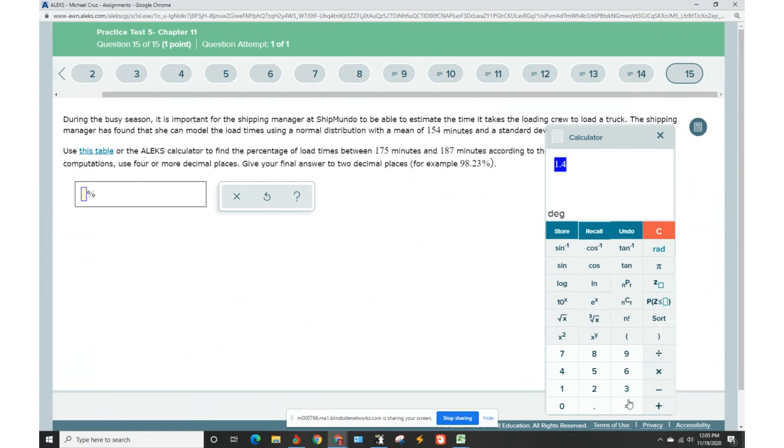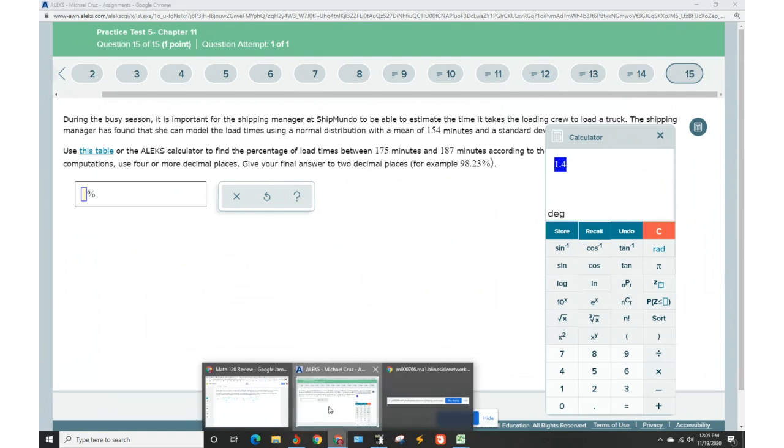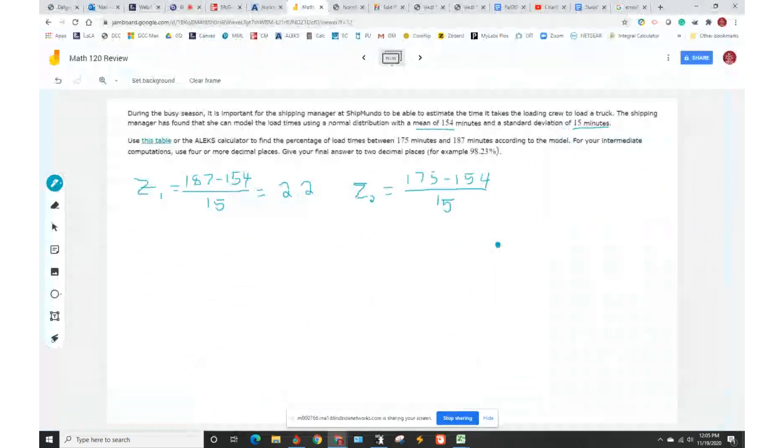So 1.4. All right, so I got to look both of those up.